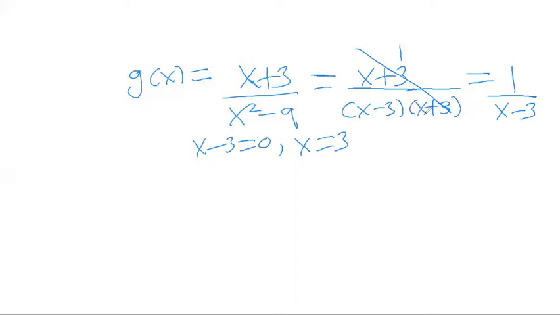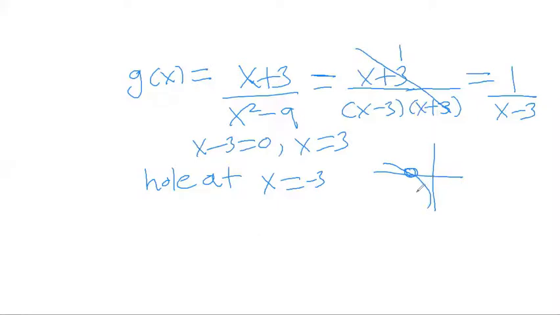But since this cancels here, that means we have a hole, so we call it a hole at x equals -3, which basically on a graph, if you have some kind of curve and say this is -3 right here, you'd have a hole. Something like that. So that's a special type of case.